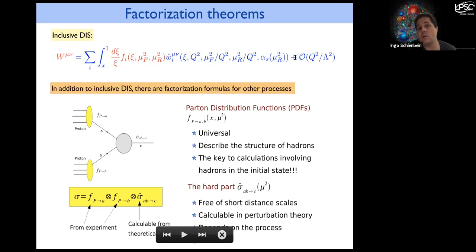And the error of all this game is lambda squared over Q squared. So sorry, this is wrong. It has to be the inverse, lambda squared over Q squared. So that if Q squared is big enough compared to some hadronic scale, this error gets suppressed and very small.